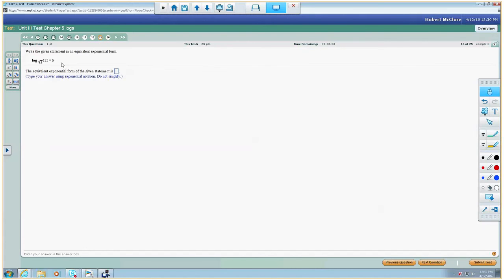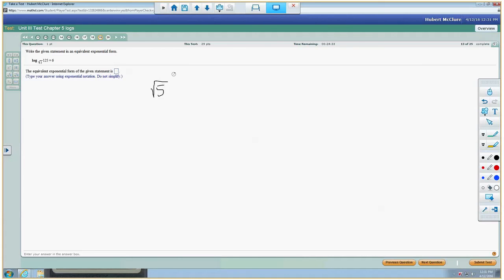All right, definition of a logarithm. Definition of a logarithm, log base A of y is equal to x. What does that equal? A to the what? Or log base A of x is equal to y, sorry. So A to the what?